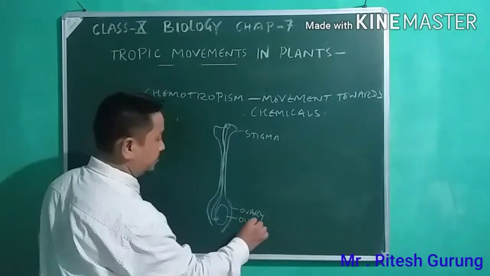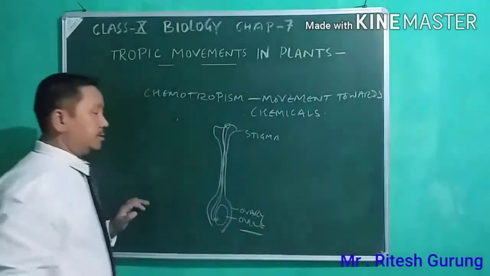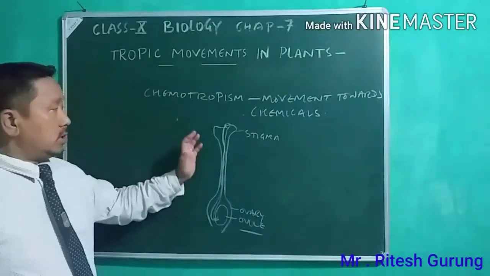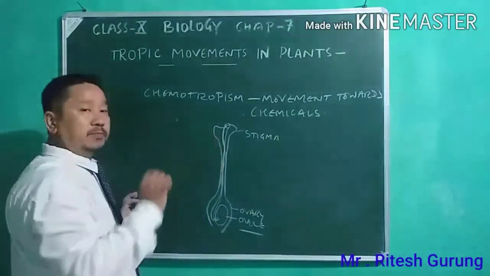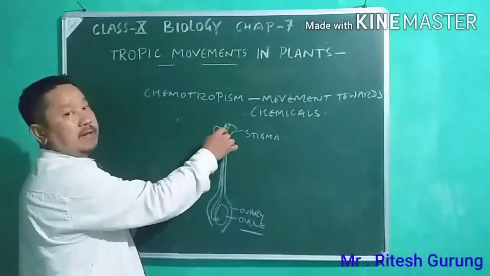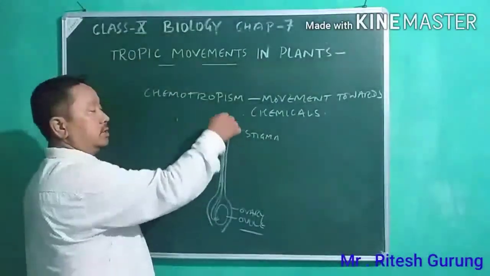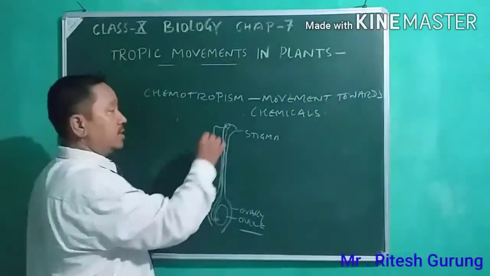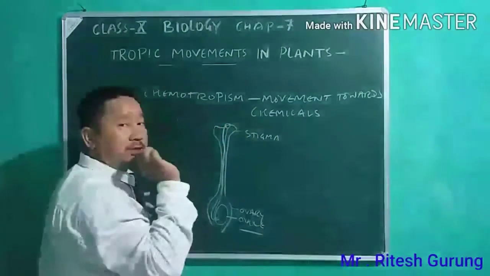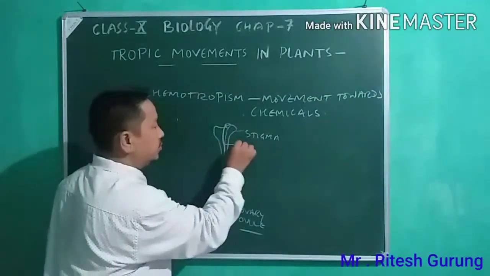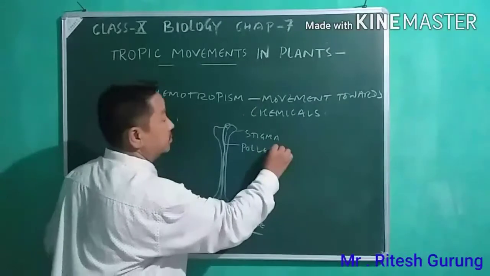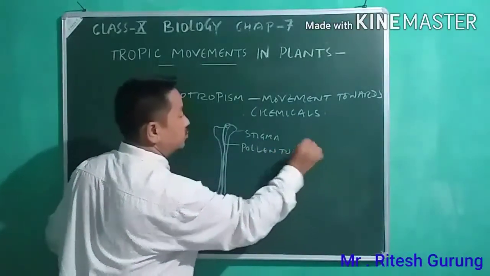This is the ovule. In pollination, the pollen grains are transferred to the stigma. After falling on the stigma, the pollen grain develops a tube called the pollen tube. It develops a pollen tube.